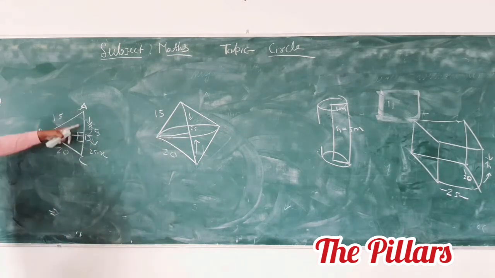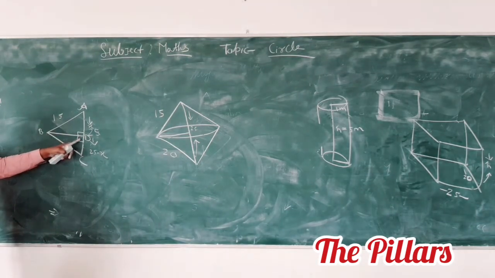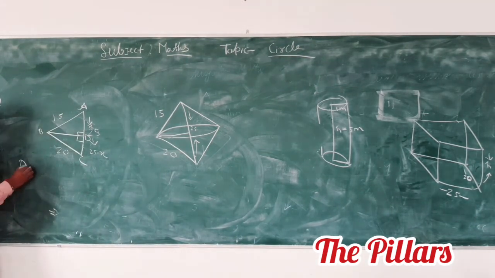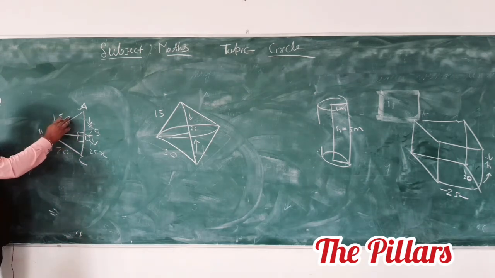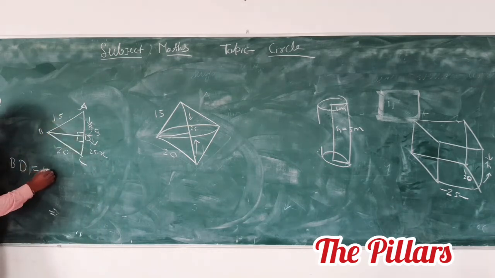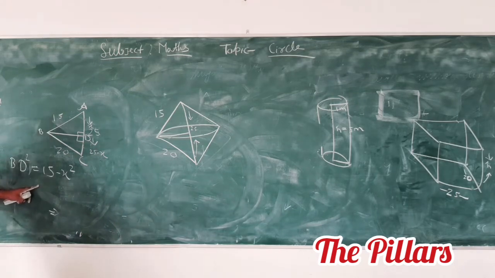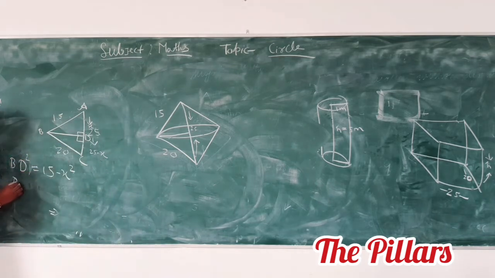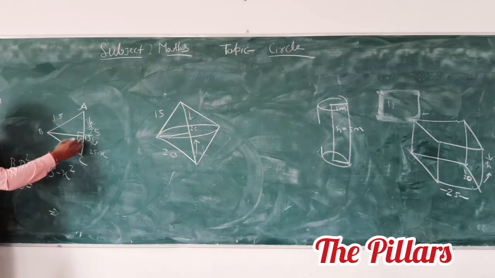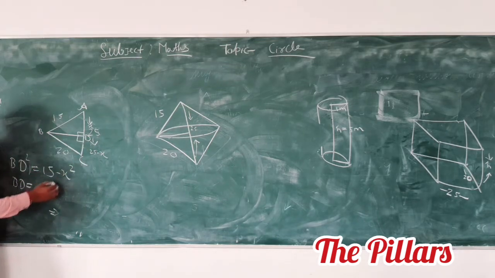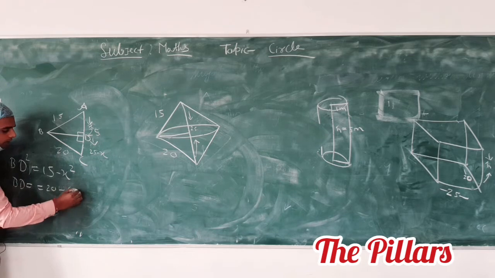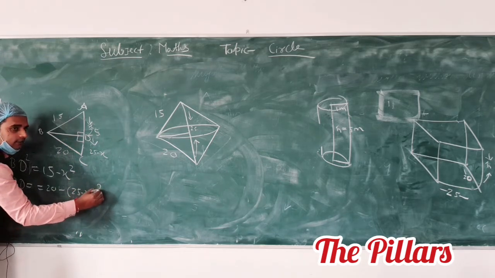You see that in triangle ABD, BD square equals to, this is the hypotenuse, 15 square minus x square. In triangle BDC, BD square equals to 20 square minus 25 minus x whole square.